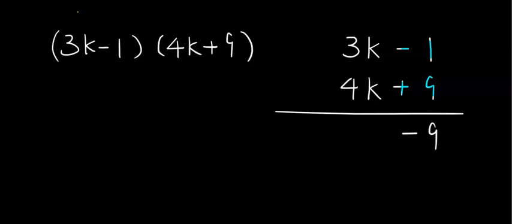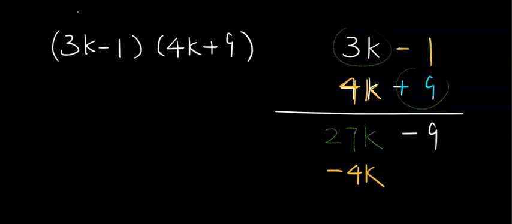I'm going to multiply 3k and 9. That gives me 27k. Now I'm going to multiply 4k and negative 1. That gives me negative 4k.